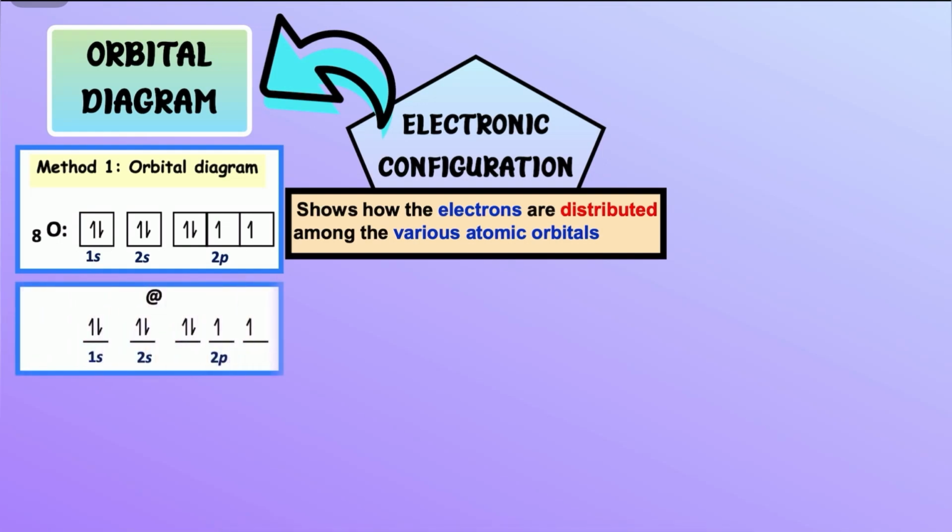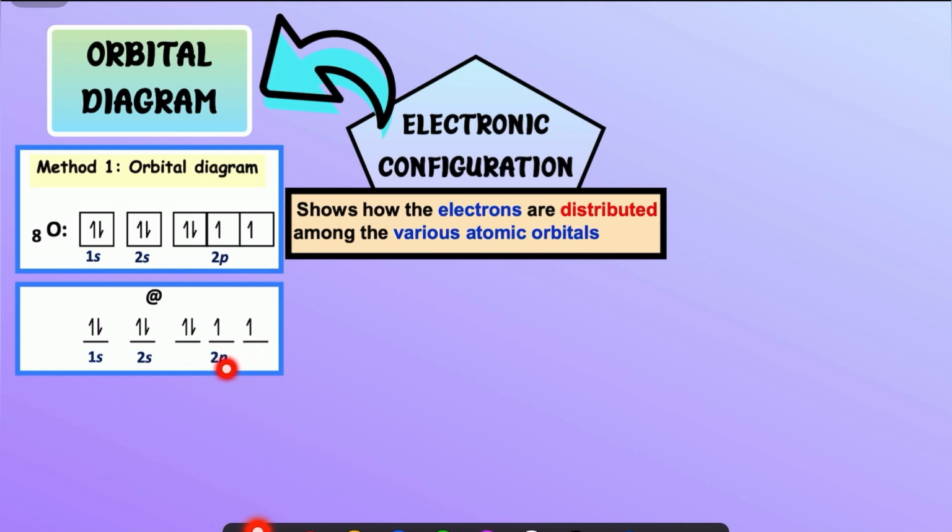Or you also can write in this way. You just draw the line, but the labels are still the same as above. You label the orbital 1s, and then 2s and 2p. But you have to make sure that the space between the 1s and 2s is quite larger compared to the lines in orbital 2p.